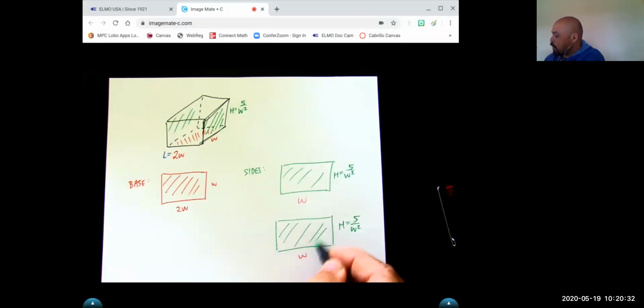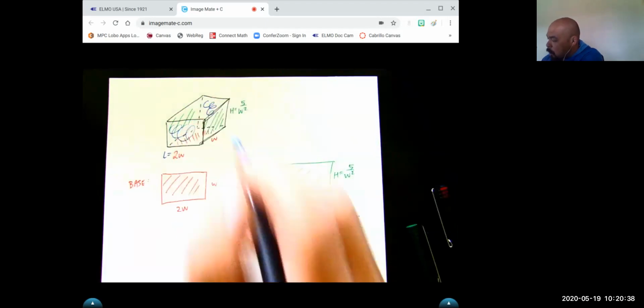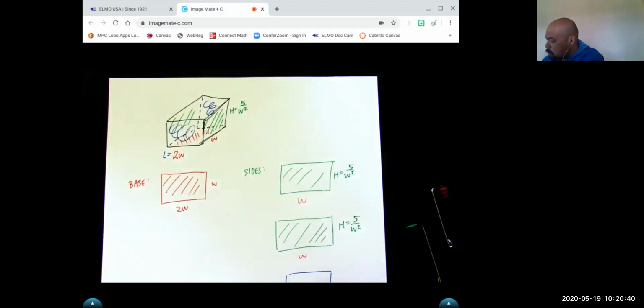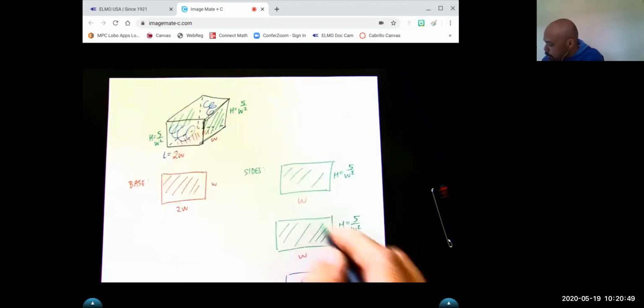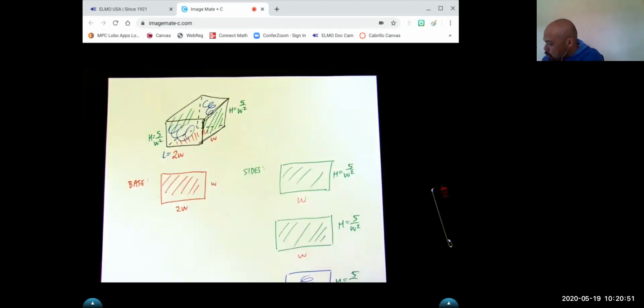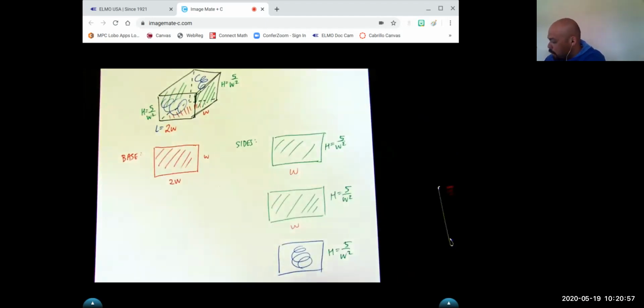And then maybe I'll make it a different color, for the front and the back wall, the height is still 5 over W squared, but now that base component is your length, which was 2W, right? And then again, the front and the back wall mimic that image. We can see these different pieces.